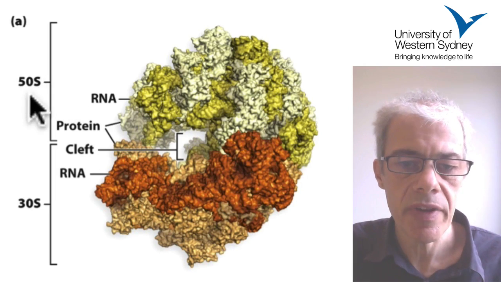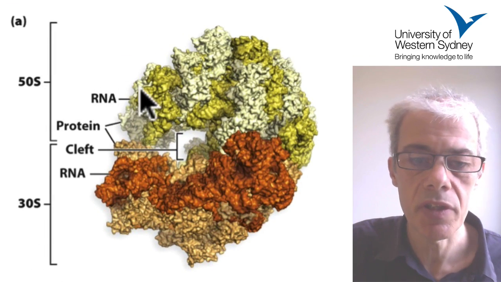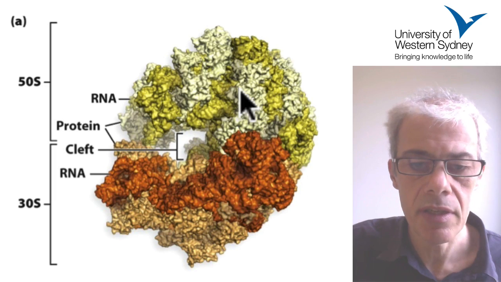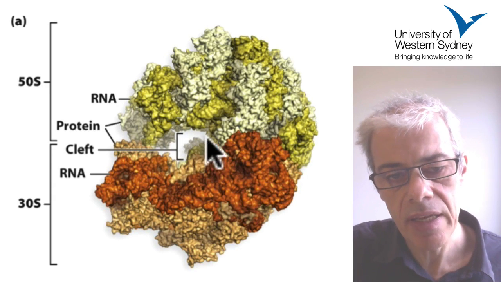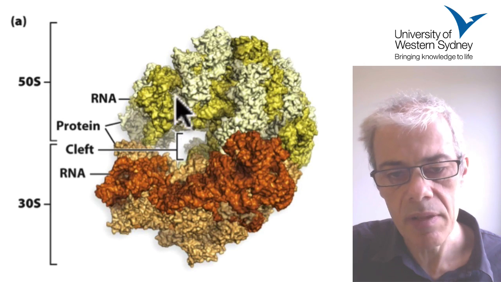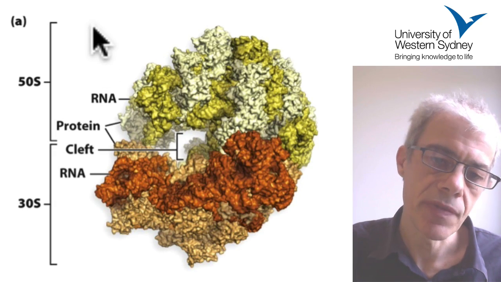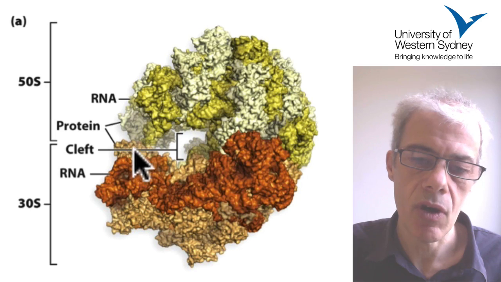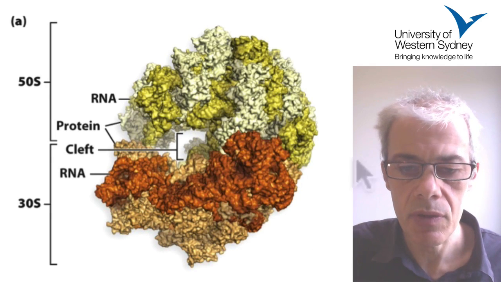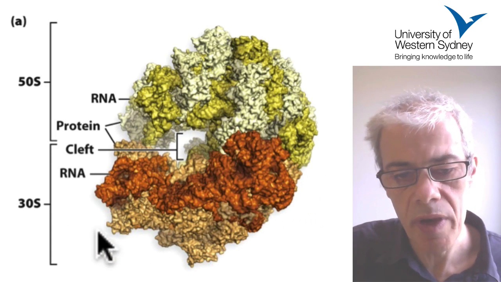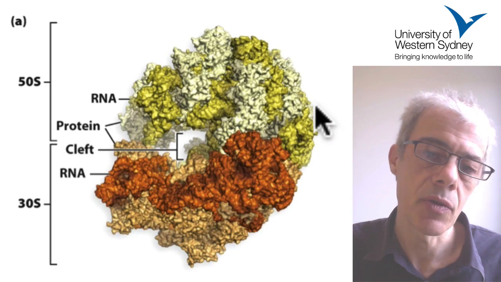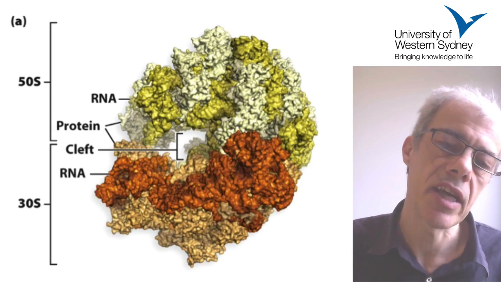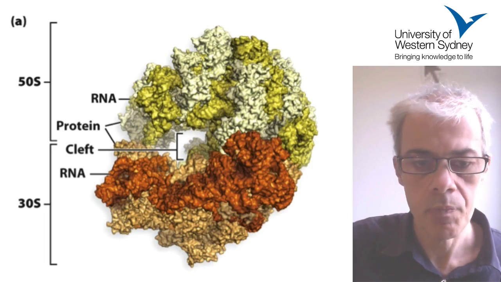And likewise, the 50S subunit of the ribosome also contains RNA and proteins. And if you look at this structure here, there's clearly a cleft here where you can get movement of transfer RNAs in and out of the subunit. There's also regions where the messenger RNA can thread through the small subunit, and there's also a region where the protein can extend out of the subunit.